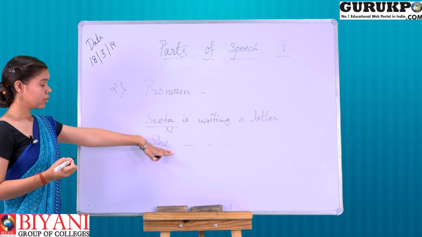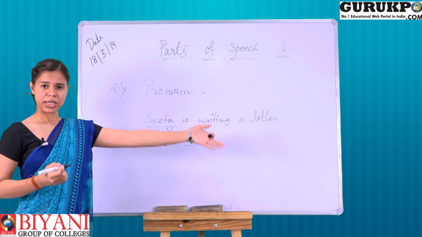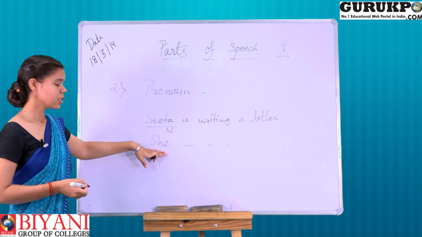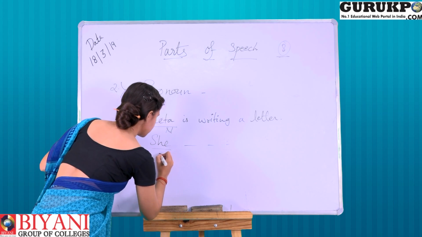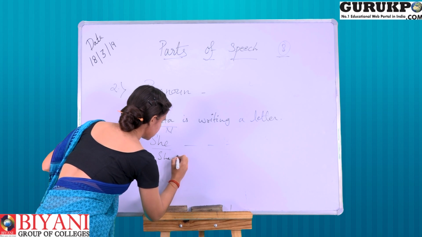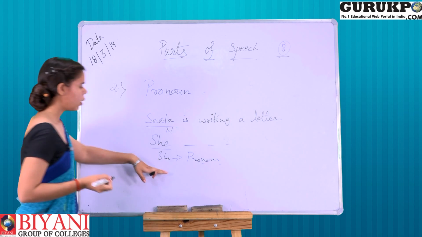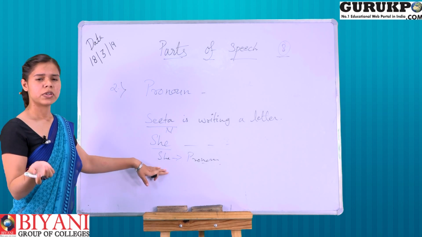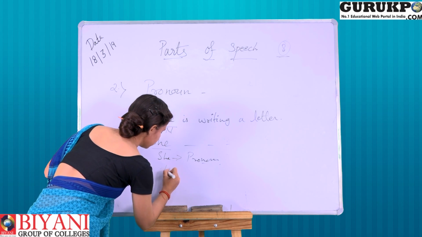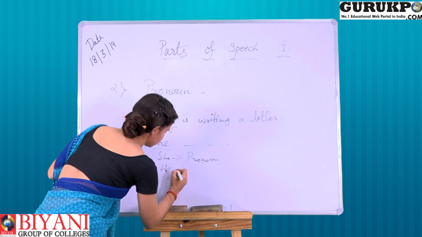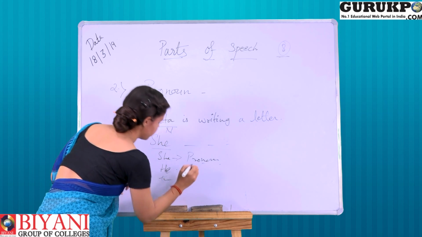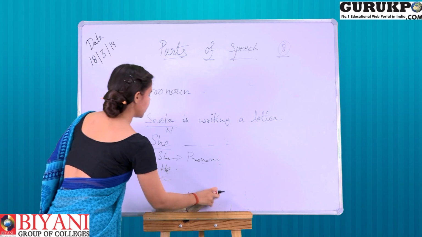But when we say she is writing a letter, then this is a pronoun, right? She is a pronoun here. Or some other words like he, they, these are pronouns, right? I hope you get it.